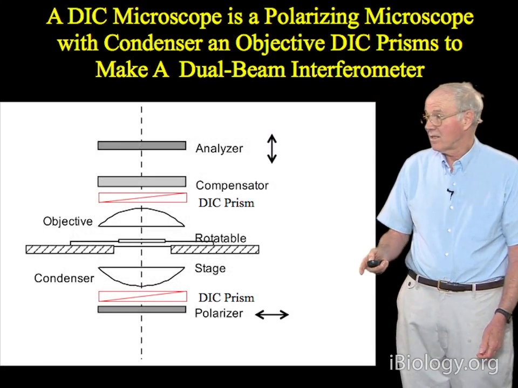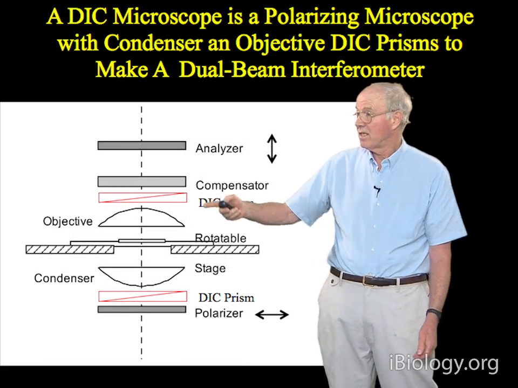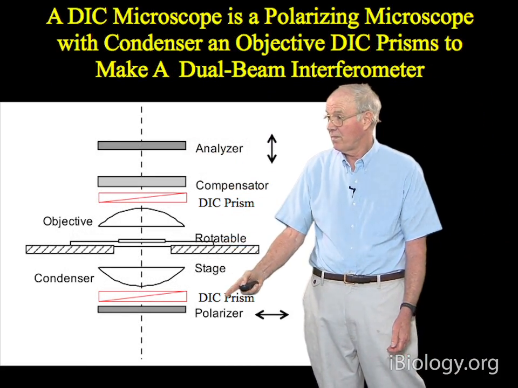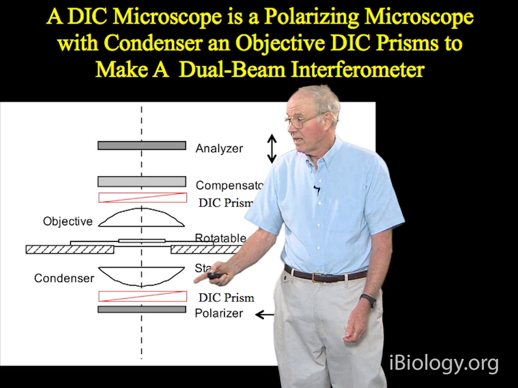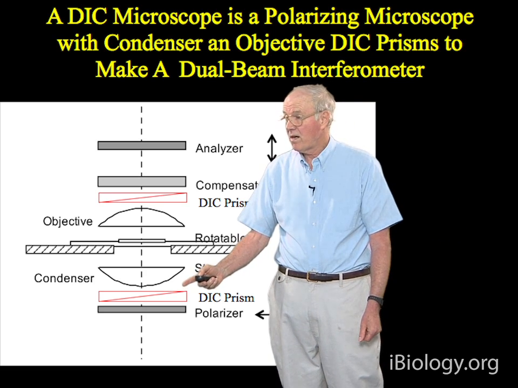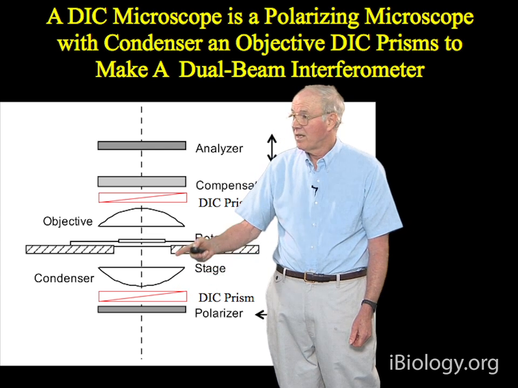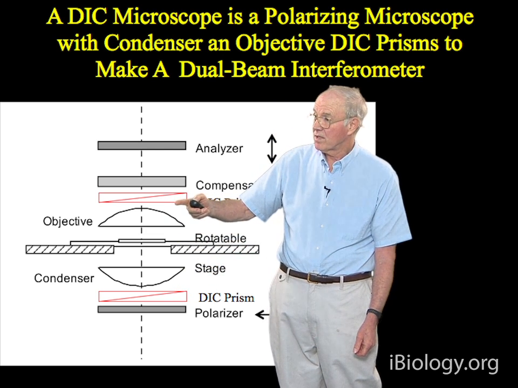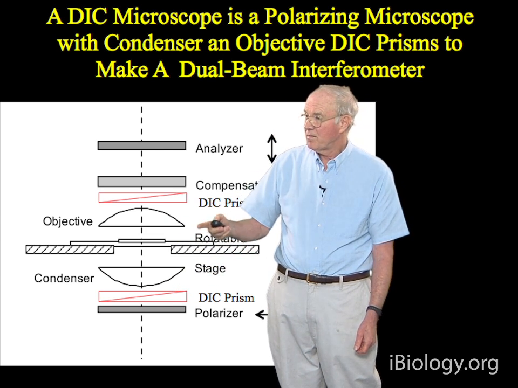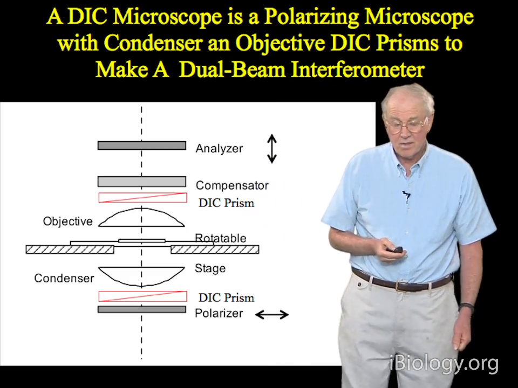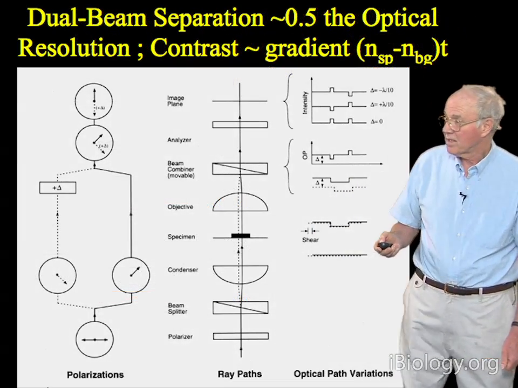So how do we get this? Well, DIC is actually a polarization microscope, and it has two additional birefringent components: a condenser DIC prism and an objective DIC prism, which together make a dual beam interferometer that functions as defined here.